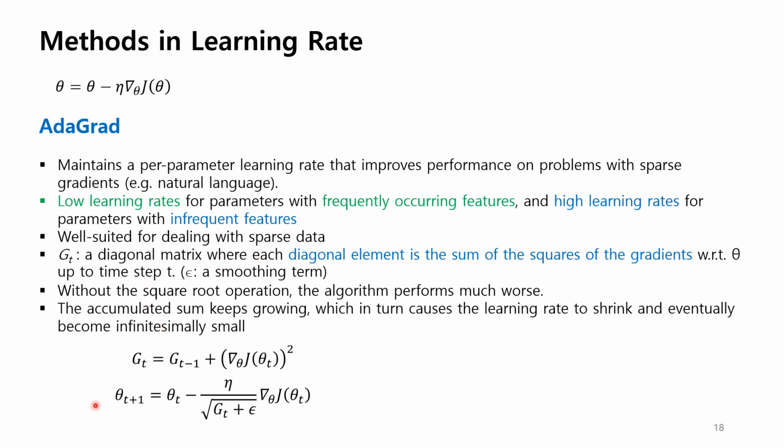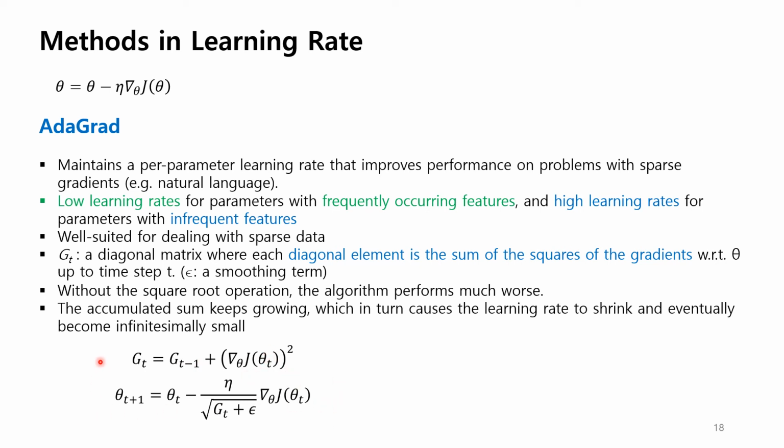This is the formula for AdaGrad. If you compare this with traditional gradient descent, this learning rate is replaced by this. The only difference is that this eta, the learning rate, is divided by this term. This epsilon is a very small constant, so don't worry about it. G_t here is G_{t-1} plus the square of the gradient.